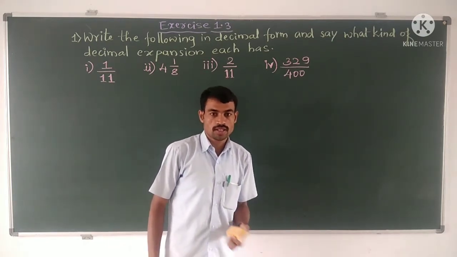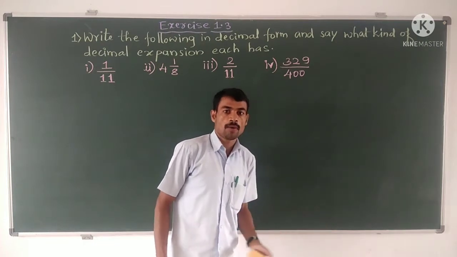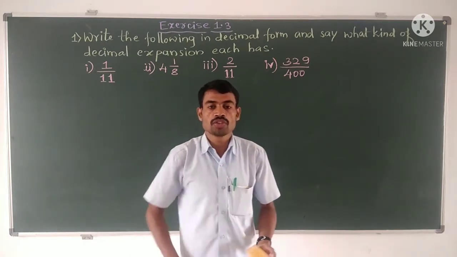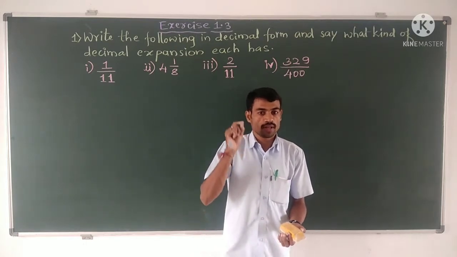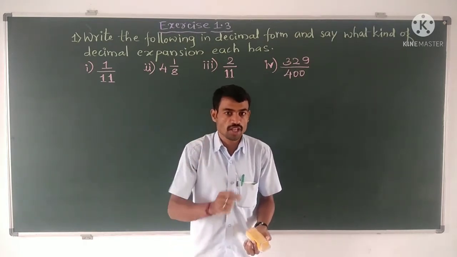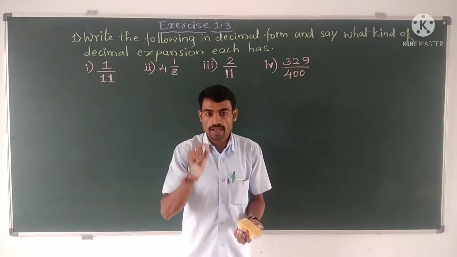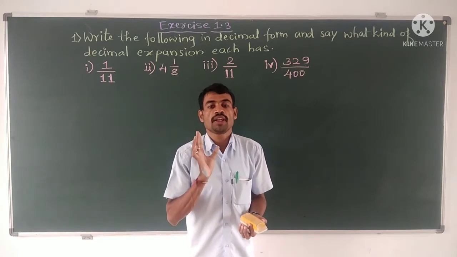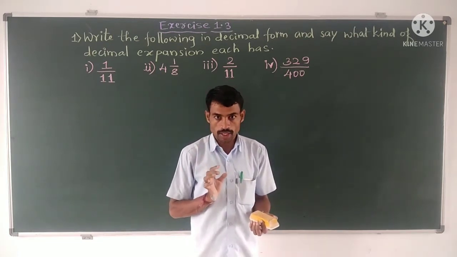As we discussed in yesterday's examples, we finally reached one conclusion: the decimal expansion of rational numbers is either terminating or non-terminating repeating. Clear?